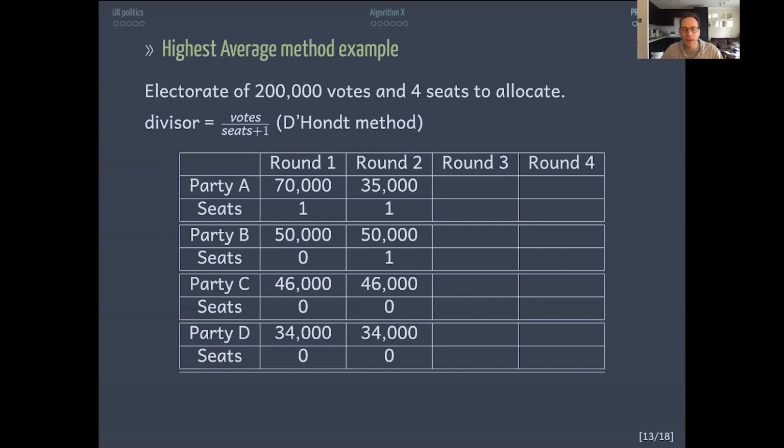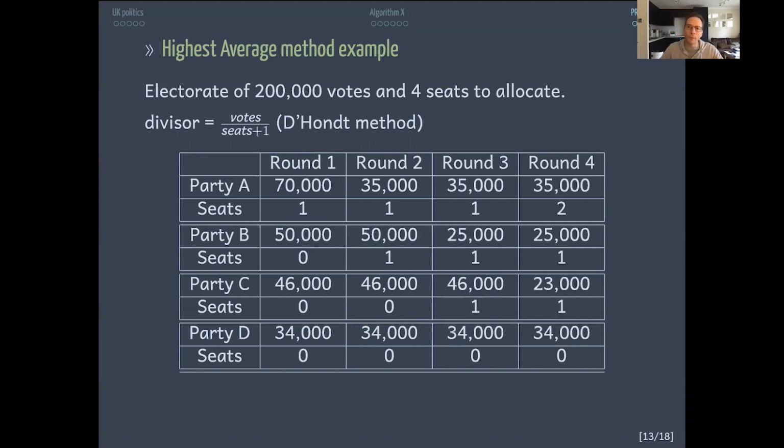The next round we divide Party B's vote count by 2, and we repeat this until all 4 seats have been allocated. Party C wins a seat in round 3, and in round 4, Party A has the highest vote count again. So 2 seats get allocated to Party A, 1 to Party B and C, and none to Party D in this method.